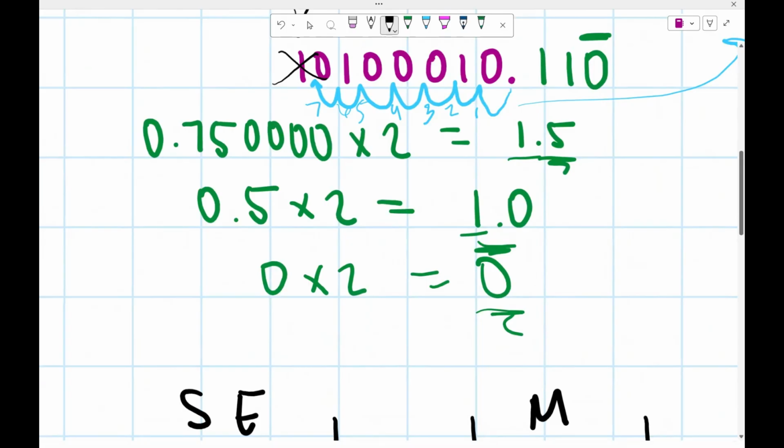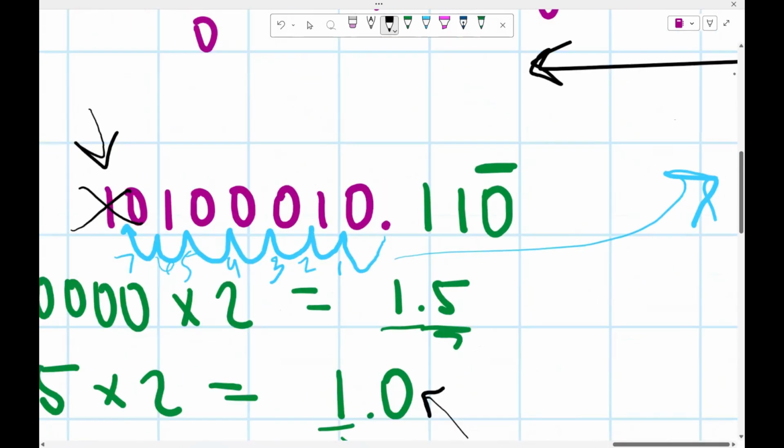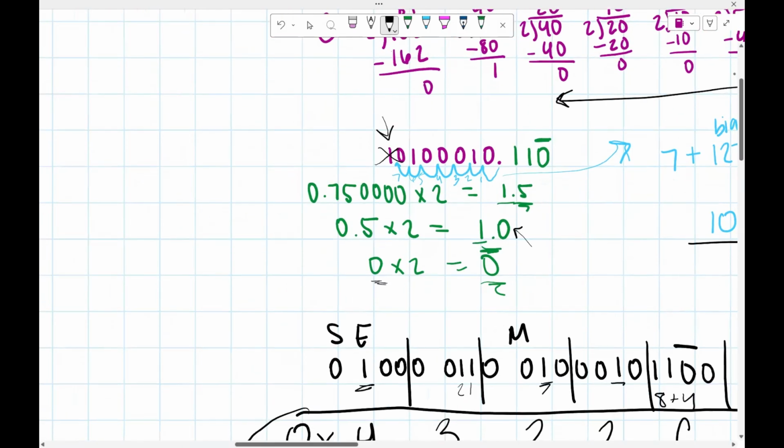Then I don't multiply 1.5. I only multiply the 0.5 that we got from here by 2. That gives us a 1. And then now that we have a 0 here, we know that every time we just multiply 0 by 2, we're just going to keep getting 0. So we can write that bar over it to show that it's going to be repeating.